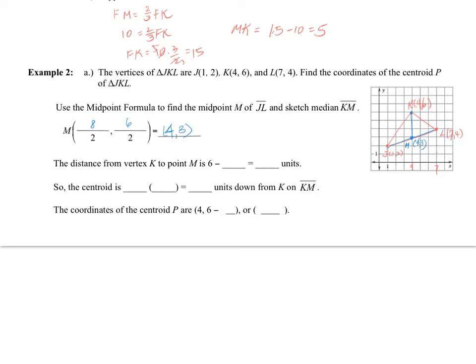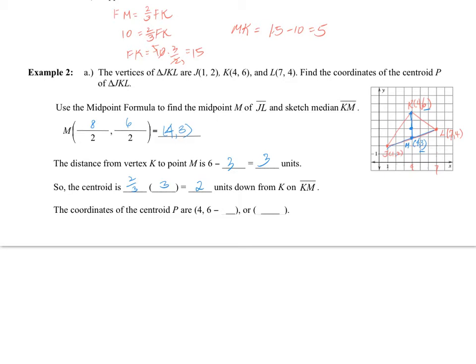Now, the distance from vertex K to point M is 6 minus 3, which is 3 units. And to locate the centroid, we're going to have to use the idea from Theorem 5.8 that it is 2/3 of the way from K. So that's 2 units down from K. 1, 2, this point.